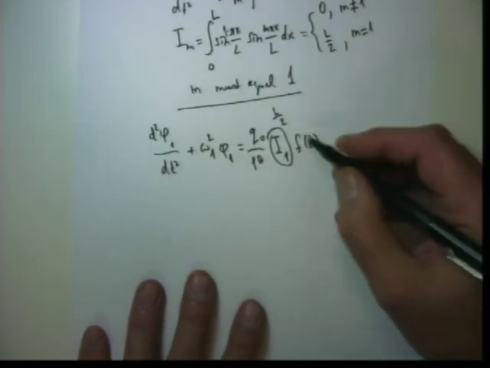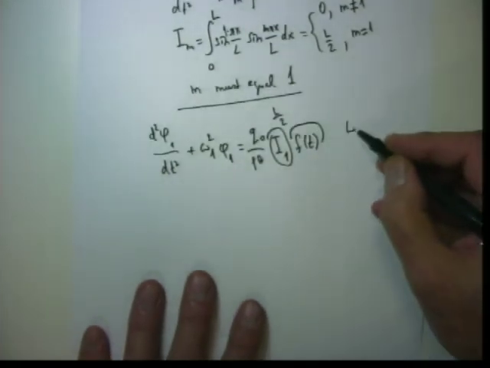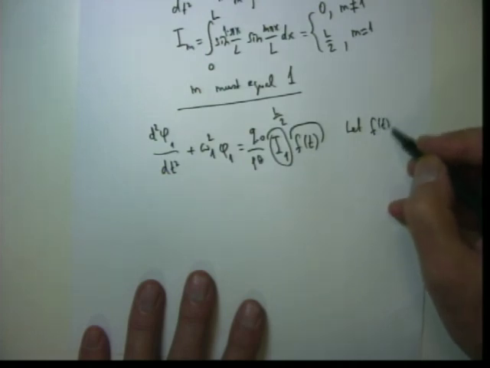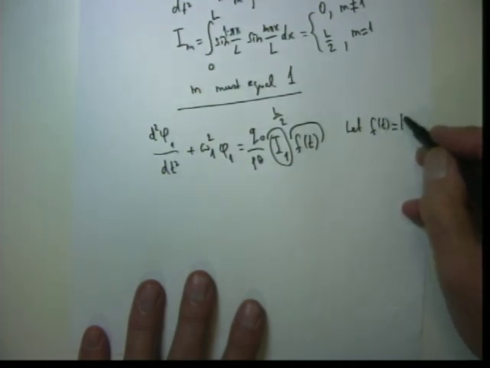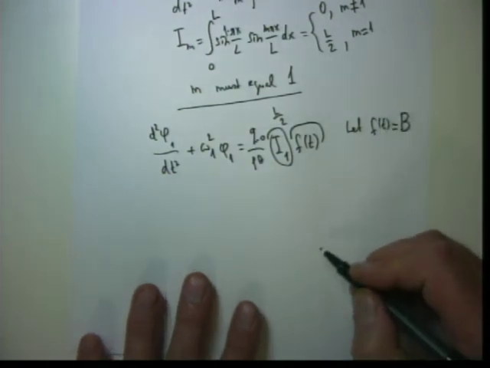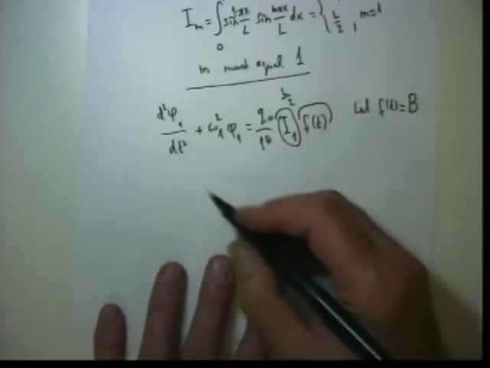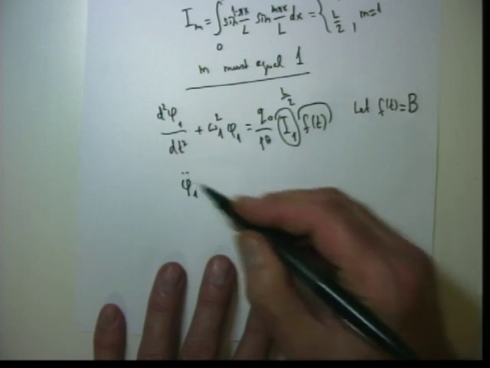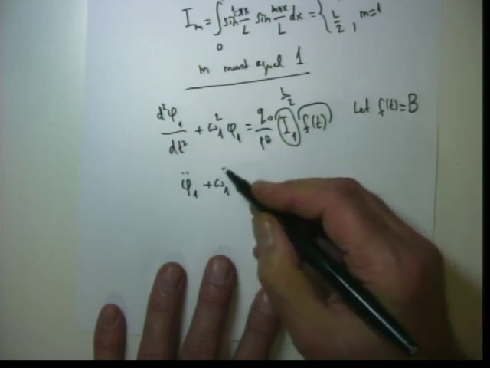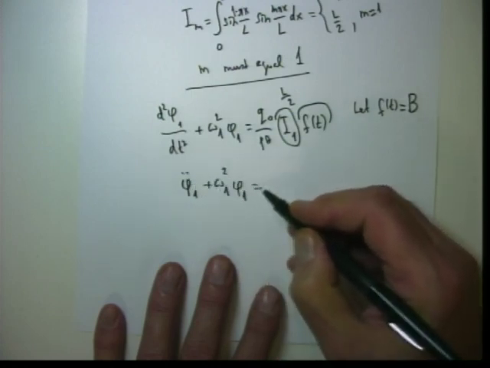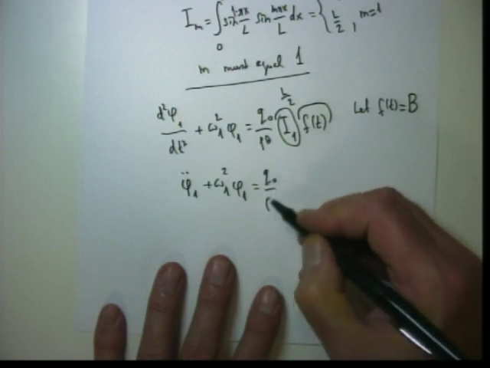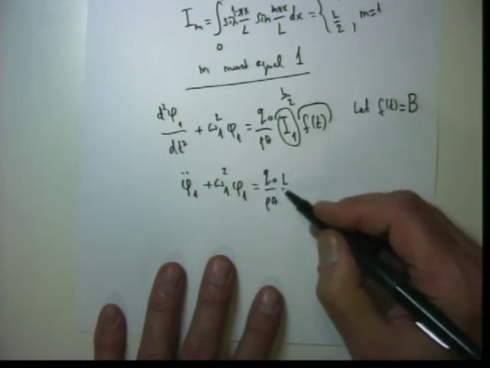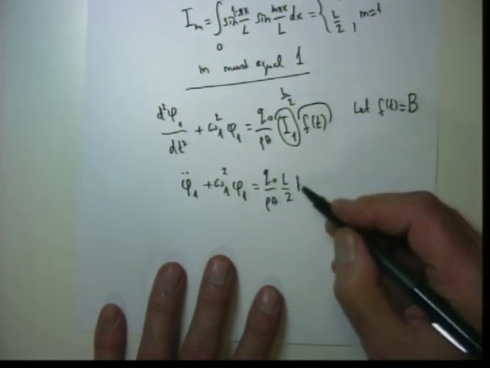Now imagine that f of t is just a constant. Let f of t be a constant, say b. And then we have second derivative of phi 1 plus omega 1 squared phi 1 equals q sub 0 rho a L over 2 b.